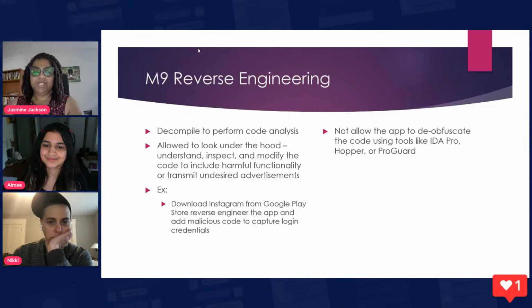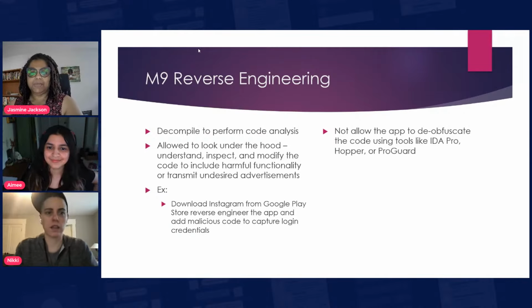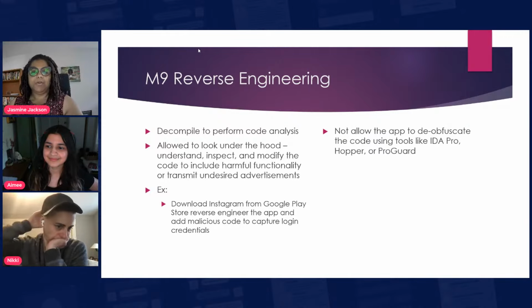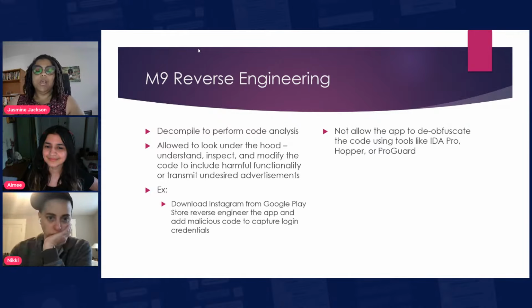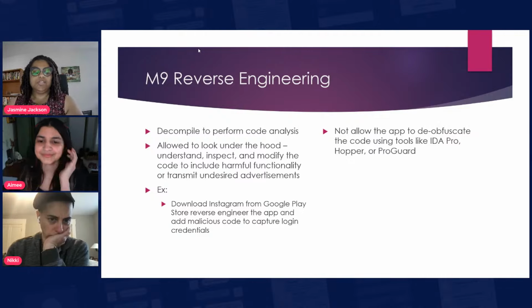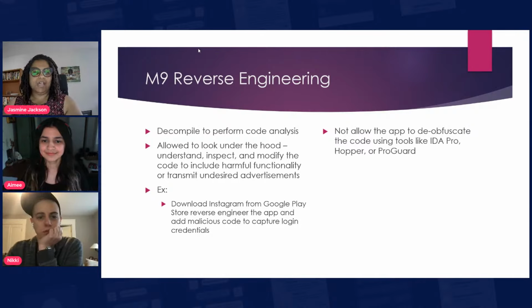A way to remediate against this is to not allow the app to be deobfuscated using tools like IDA Pro, Hopper, or ProGuard. These IDA Pro, Hopper, or ProGuard are the commercial tools I was mentioning earlier when I was talking about JADX GUI that reverse engineers employ to aid them in deobfuscating.